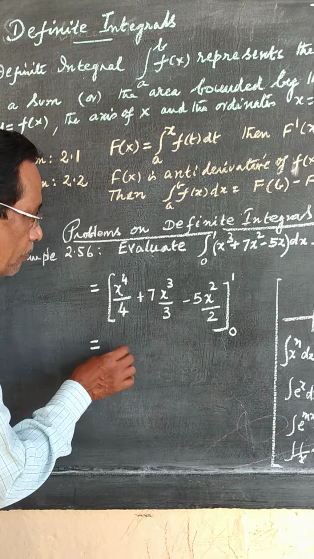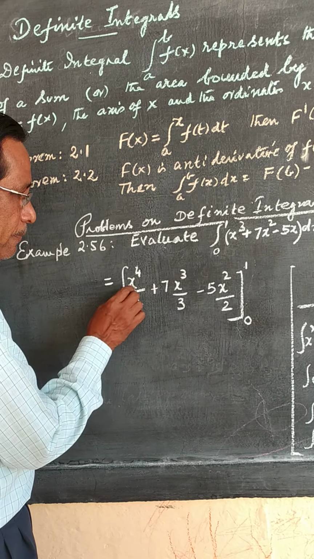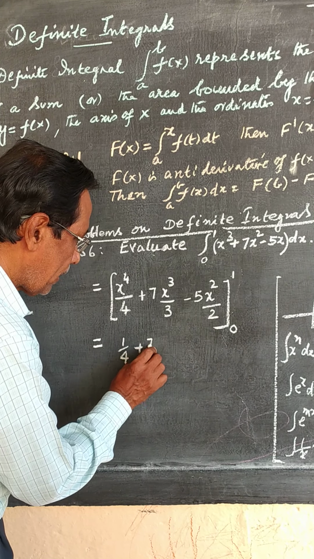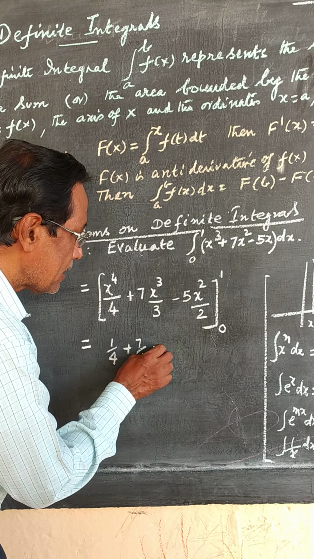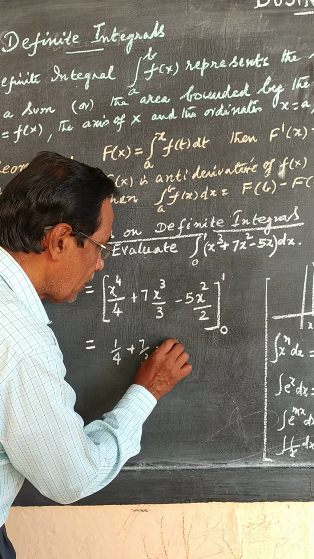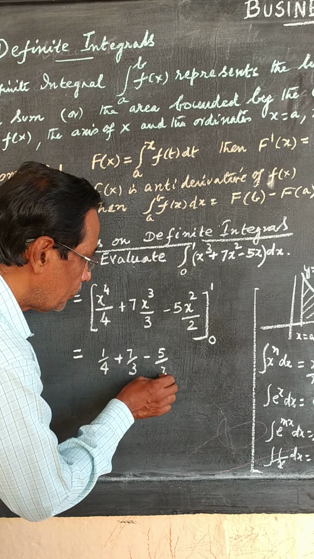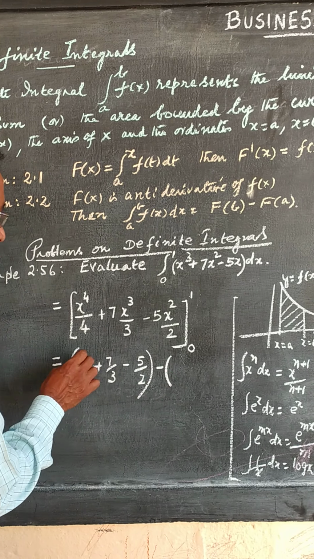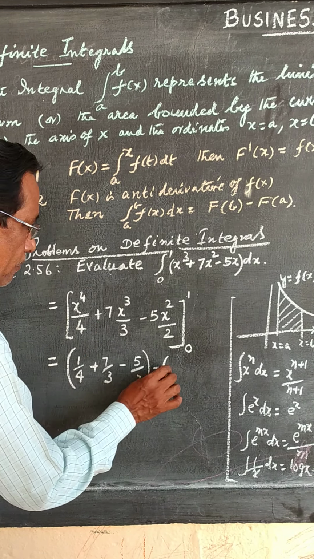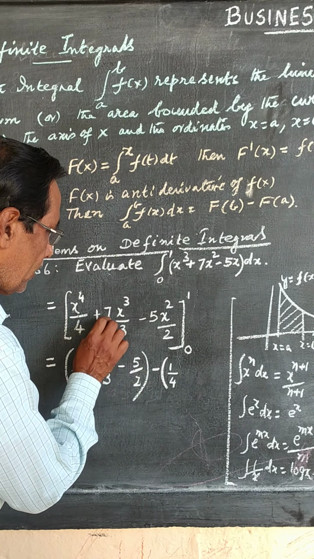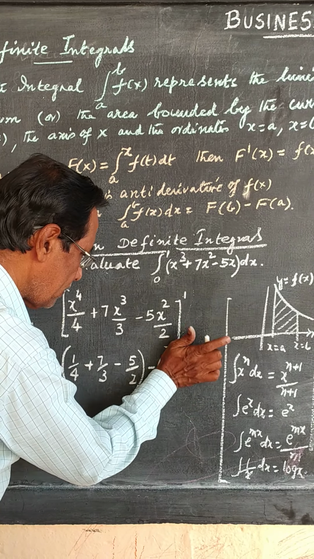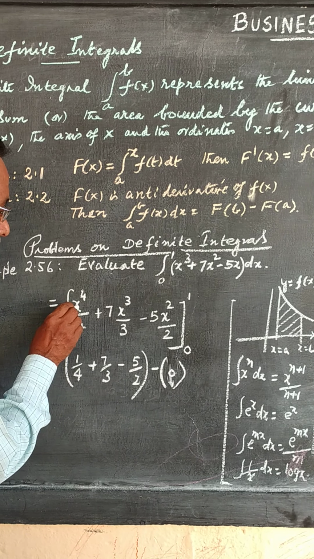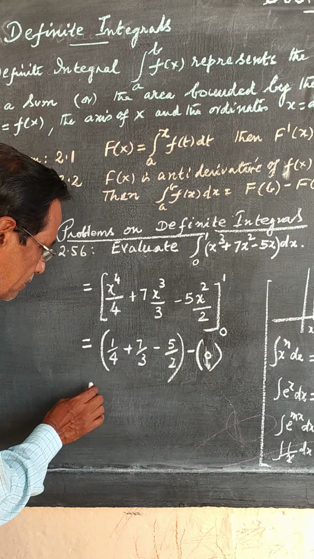This is equal to, by substituting the upper limit first, 1 by 4 plus 7 by 3 minus 5 by 2, minus the lower limit. The lower limit has to be substituted, and this becomes 0 for every term, because when you substitute x equal to 0, all the terms will be 0.